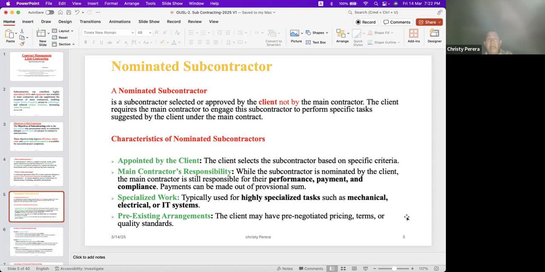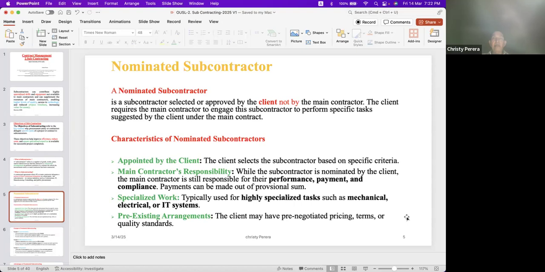He doesn't have any experts to do that part. Therefore, I will have to. I also know that if I give it to my nominated subcontractor, he will do a good job. Right. Pre-existing arrangement. The client may have pre-negotiated pricing, terms, or quality standards.